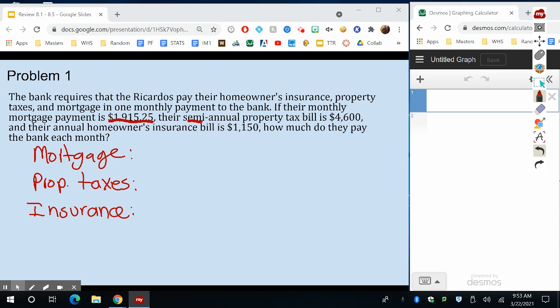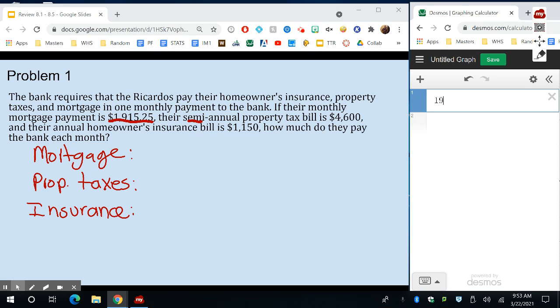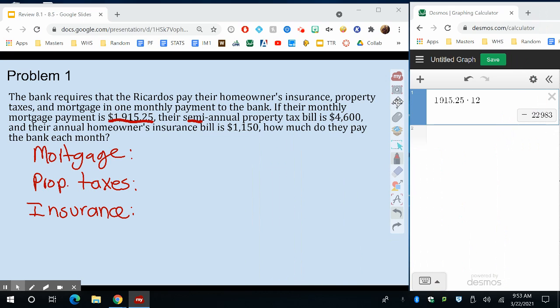Okay, so to do that, I'm going to multiply the mortgage 1,915.25 by 12, which gives me 22,983.